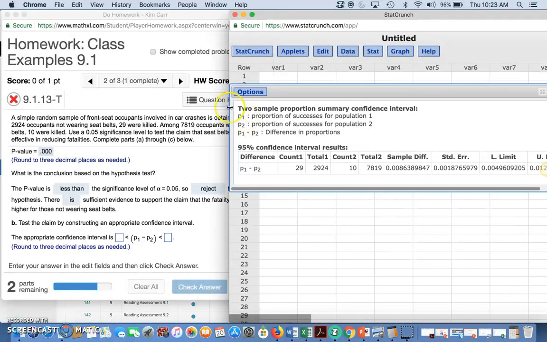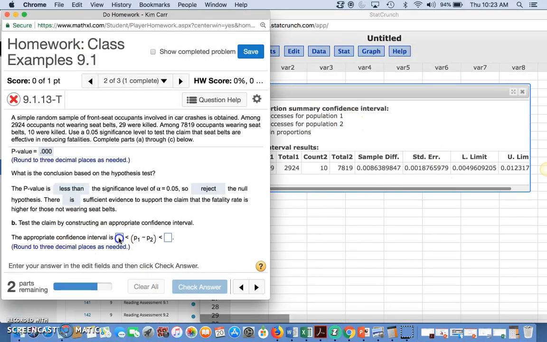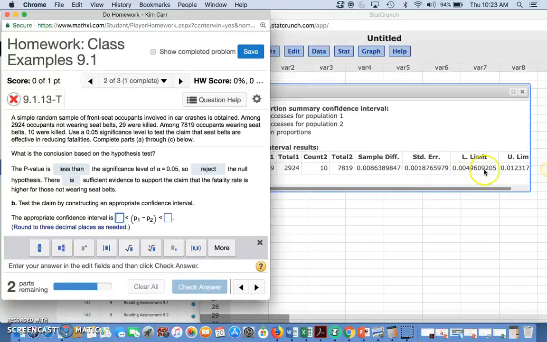Okay, here you want the lower and the upper limits to 3 decimal places. So the lower limit is .005, and the upper limit is .012.